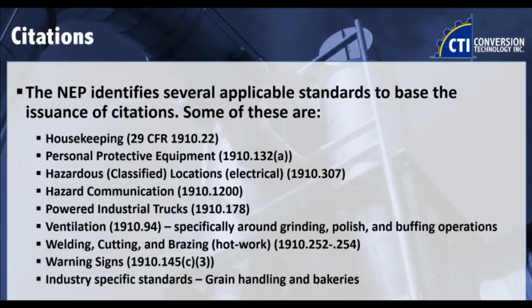Hazard communication, powered industrial trucks, basically using a rated truck in a rated area, or using a standard forklift to go into a rated hazardous location, rated for combustible dust potential. And then obviously there's industry specific standards that grain handling facilities and bakeries have for OSHA.